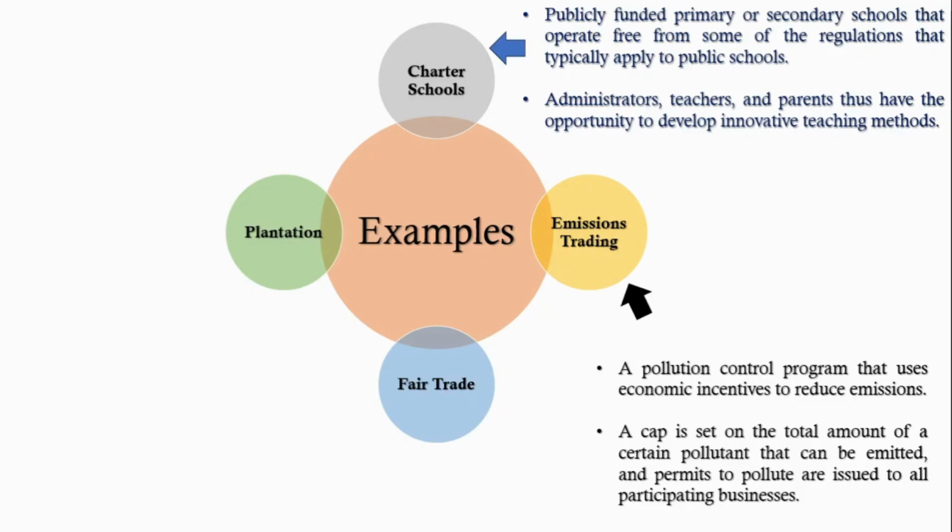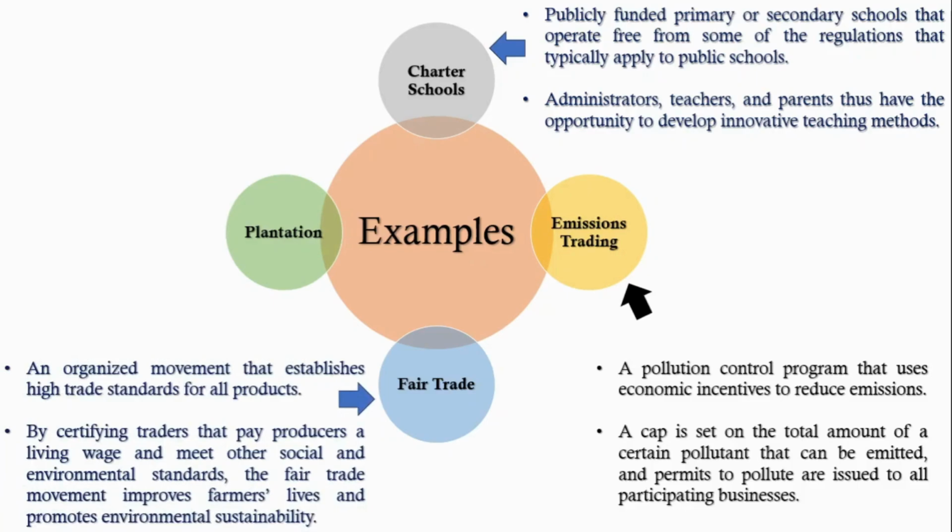Now comes the next example, and that is fair trade. Fair trade is an organized movement that establishes high trade standards for all products, by certifying traders that pay producers a living wage and meet other social and environmental standards.